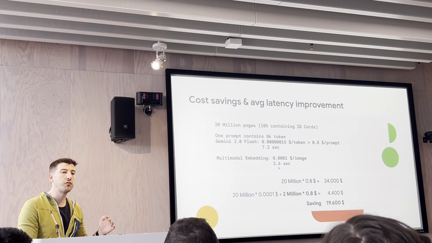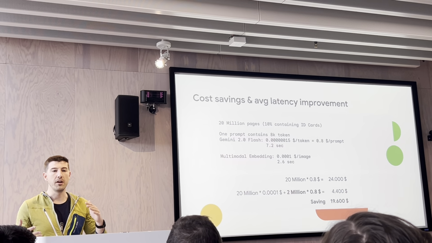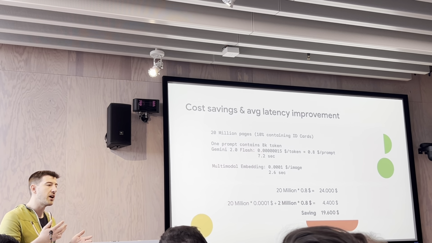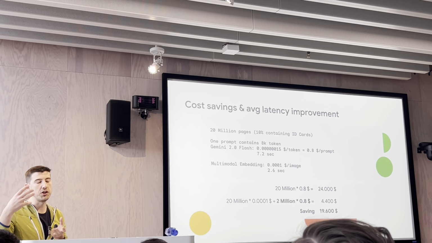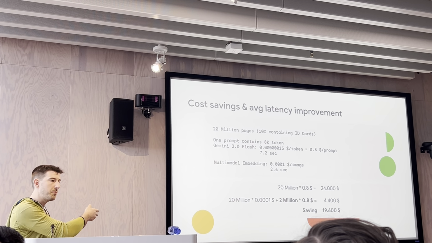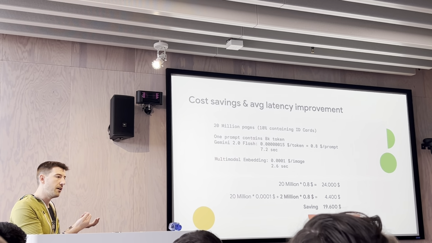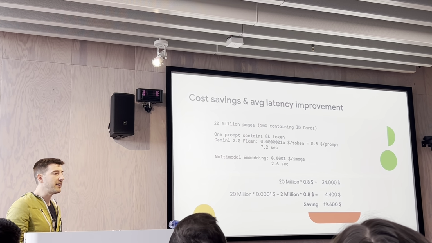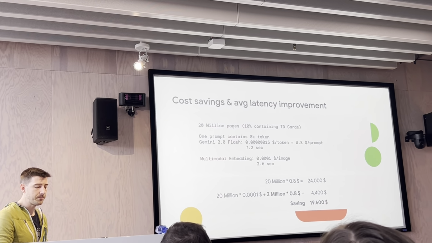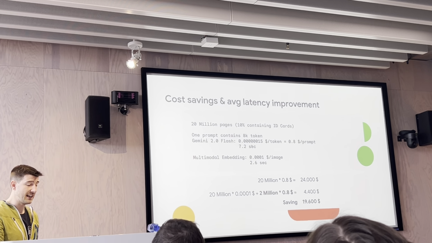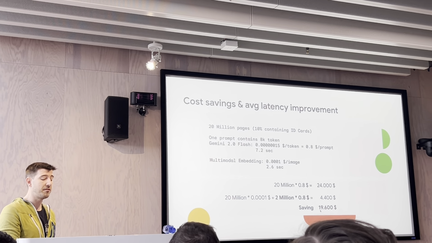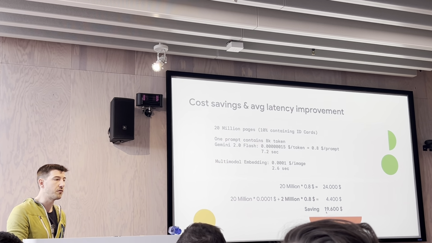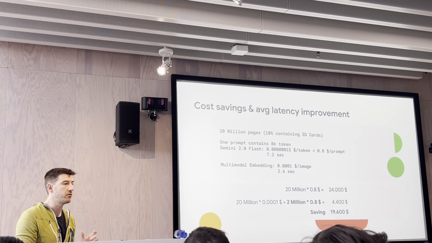So the throughput of the overall system increased a lot because they don't need that much time. It was a queuing system where they picked every document, and they were now able to get through the queue items at a much faster pace. And they now save nearly $20K a year only because of this pre-filtering.